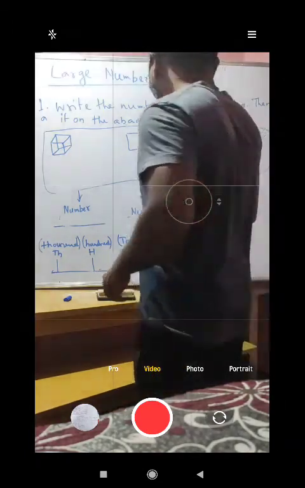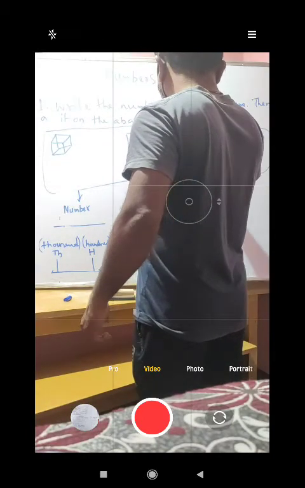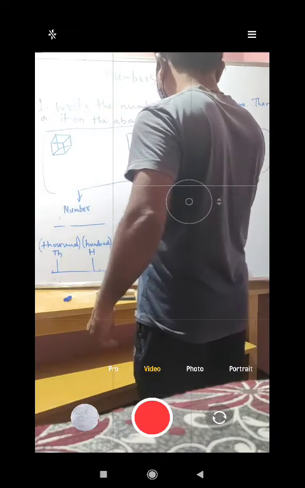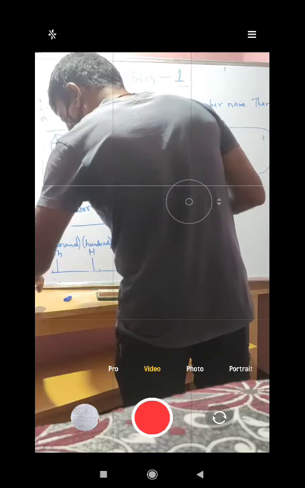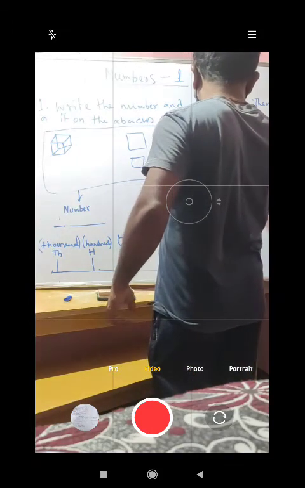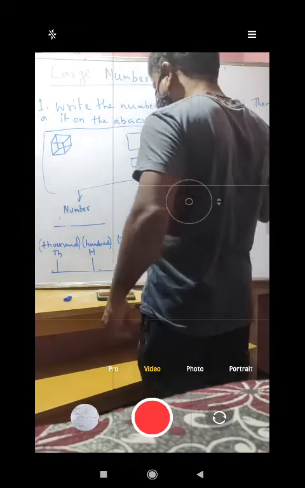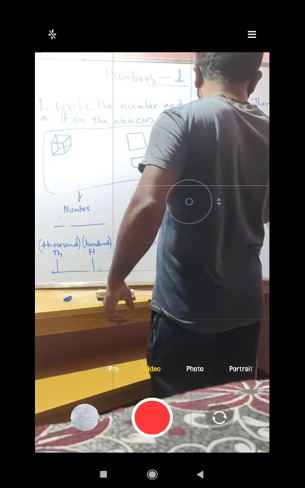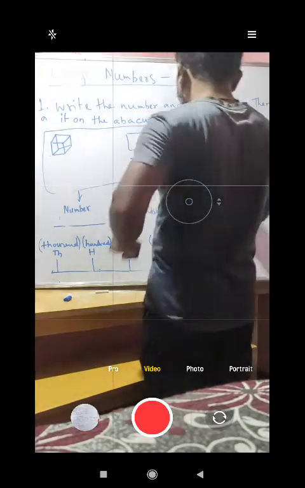So 1, 2, 3, 4, 5. After that 1, 2, 3, 4, 5, 6, 7, 8, 9. So we will have to write here small 1, 2, 3, 4, 5, 6, 7, 8, 9. Let me make it a bit bigger.